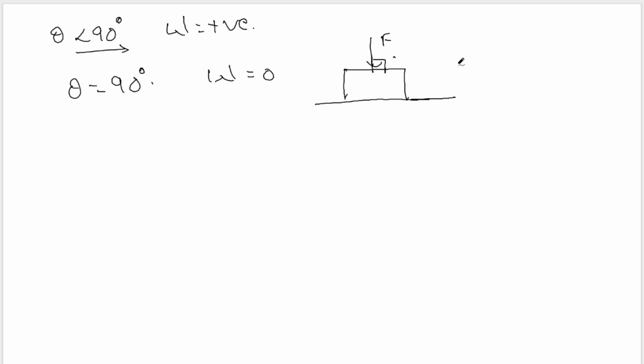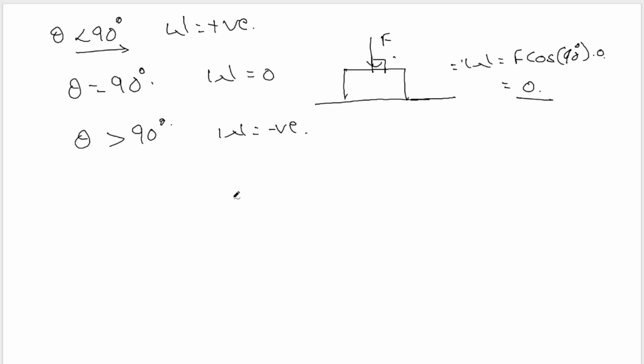So here we can write W equals F cos 90 into displacement. Displacement also won't change, so we can write it as 0. Theta greater than 90 degrees gives negative work. Now let us consider this.